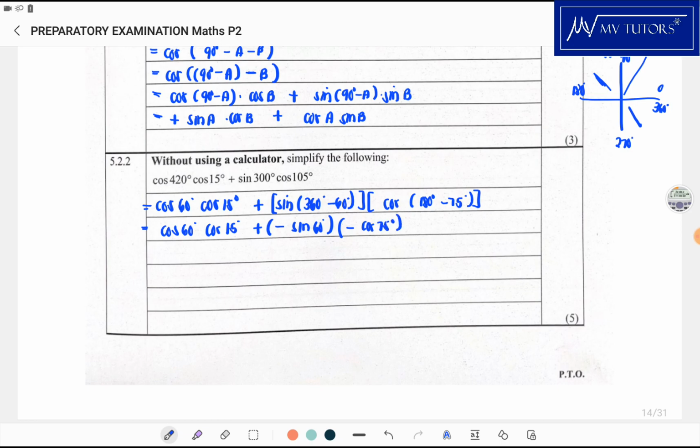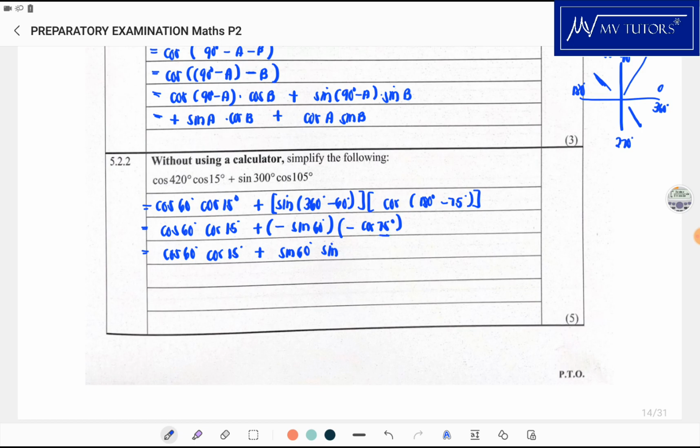Okay, simplify further. I will leave this cos 60 cos 15. Negative and negative is positive, so I have positive sine 60. I can see I have cos, so I'm expecting a sine.